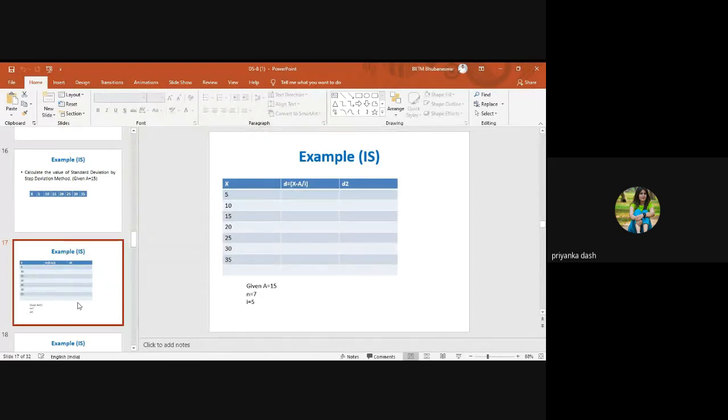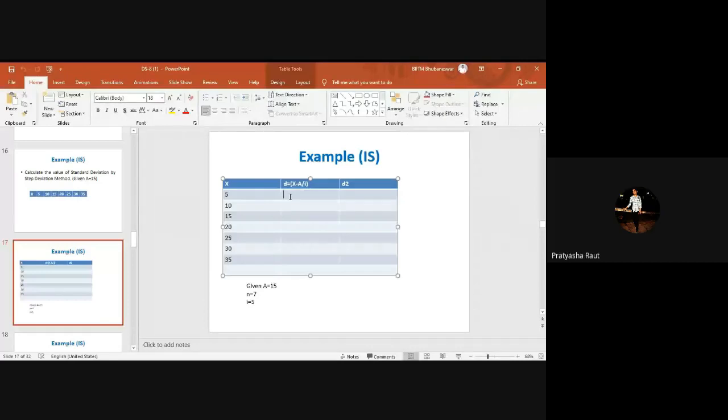5 minus 15 divided by 5 equals minus 2. Similarly, calculate the next one, that is 10 minus 15 divided by 5.